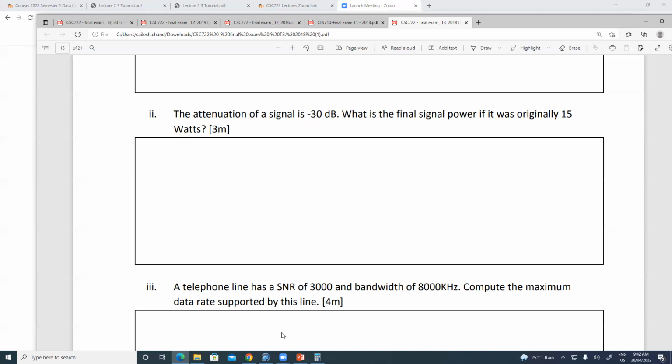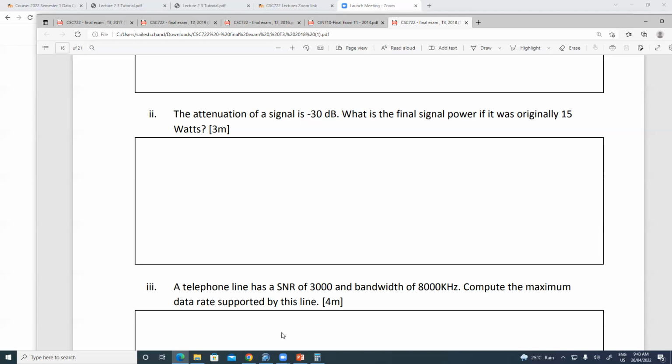So what is the final signal power if it was originally 5 watts? So P1 is 5 watts. We divide this by 10, so we have log base 10 of P2 over P1, and remember P2 over P1 is just treated as 1 unit.